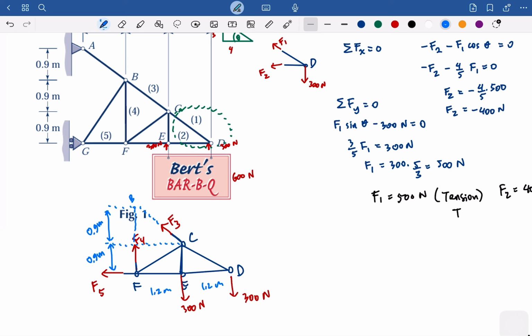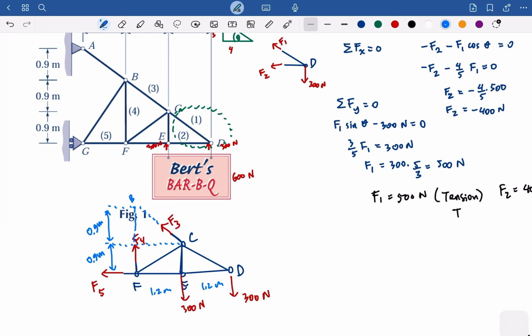So what could be done to calculate? This time we have some options. Either we take the moment, for example, because we want to know F5.